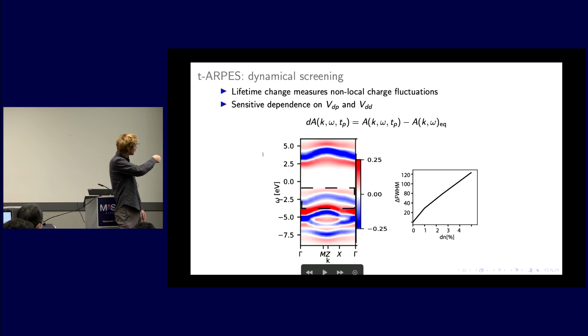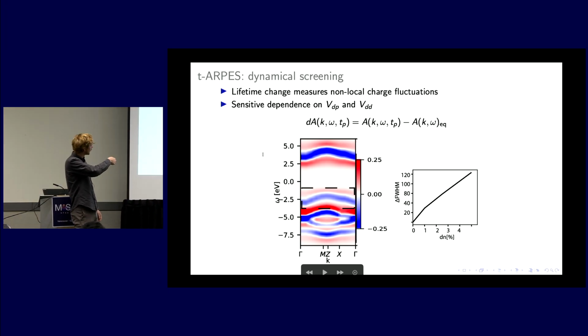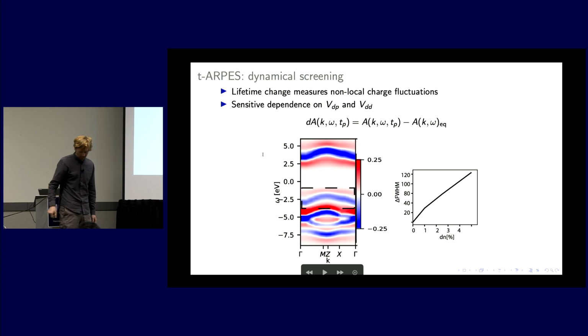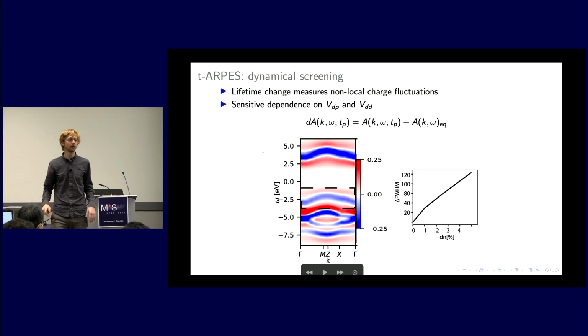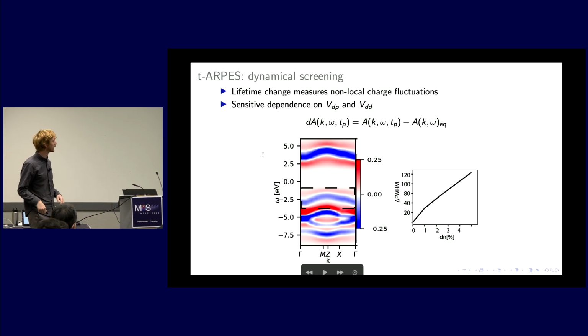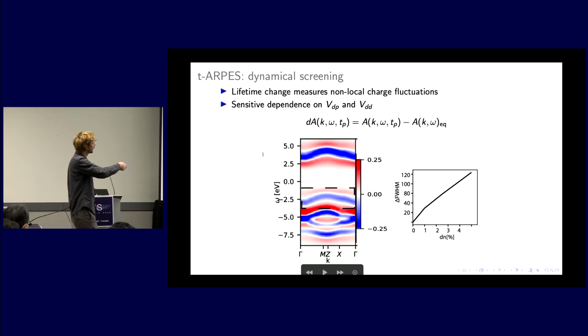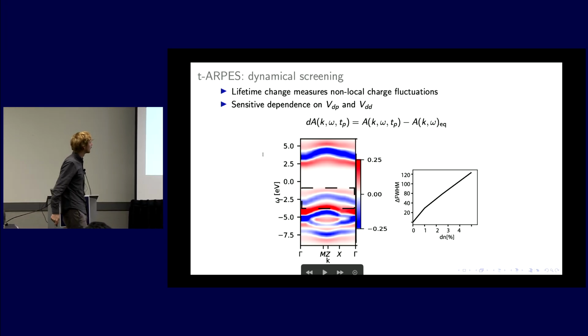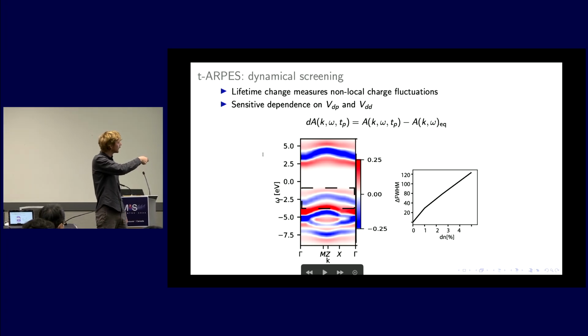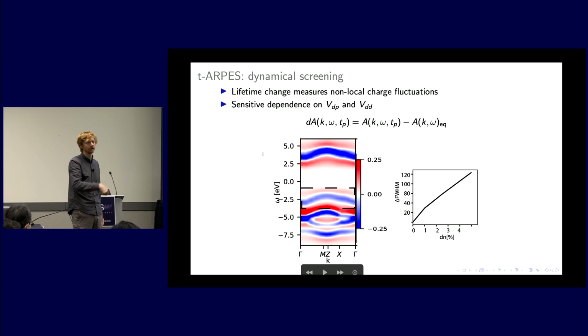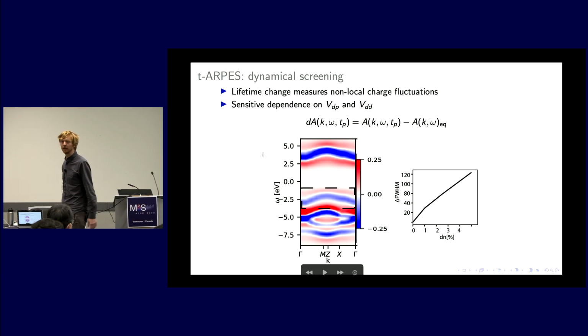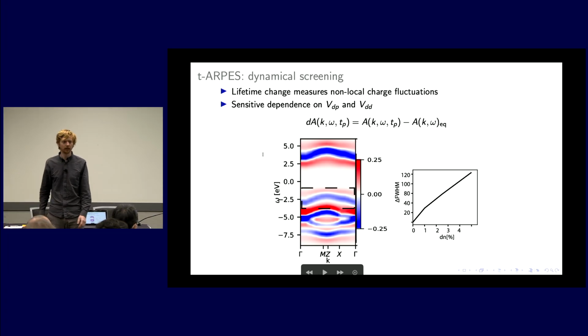If we focus on the Zhang-Rice singlet, this band is strongly broadened. One can extract its lifetime and plot it as a function of photodoping. I'm plotting the full width at half maximum as a function of photodoping, and once again you see a linear behavior, the same as in the semiconductor case.